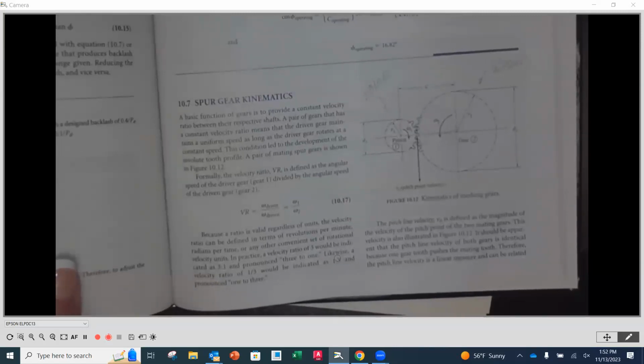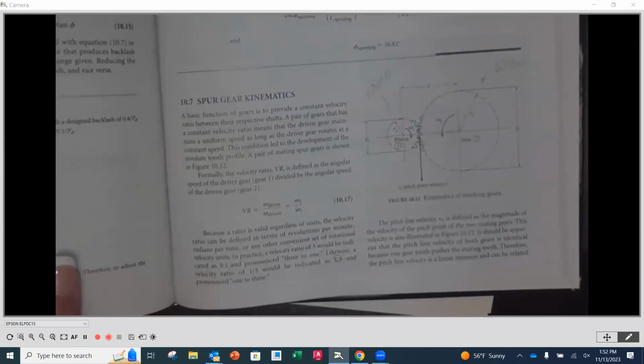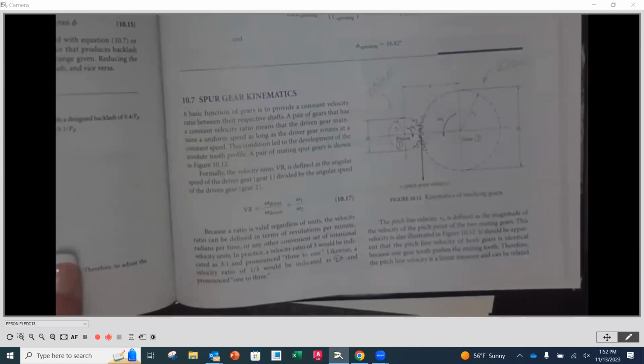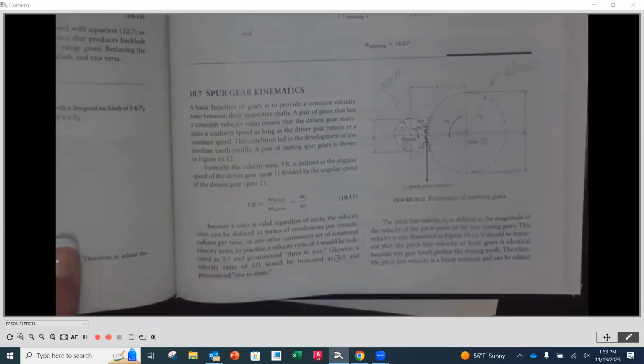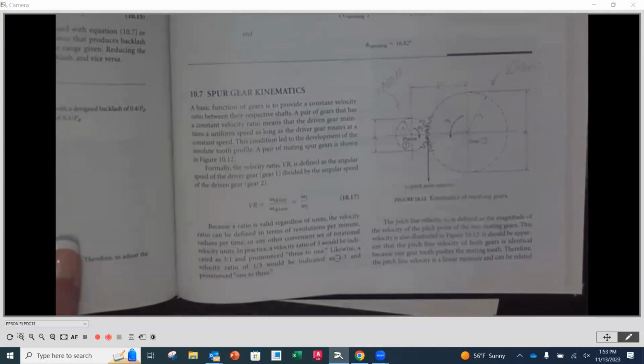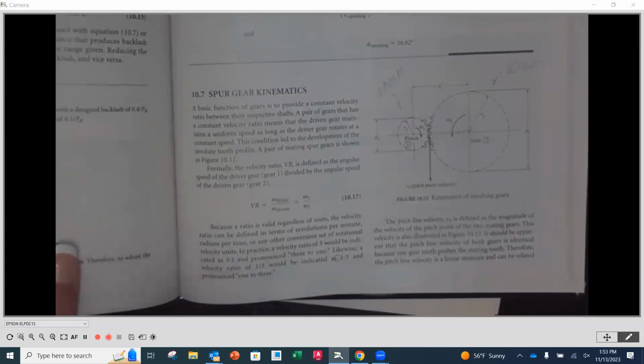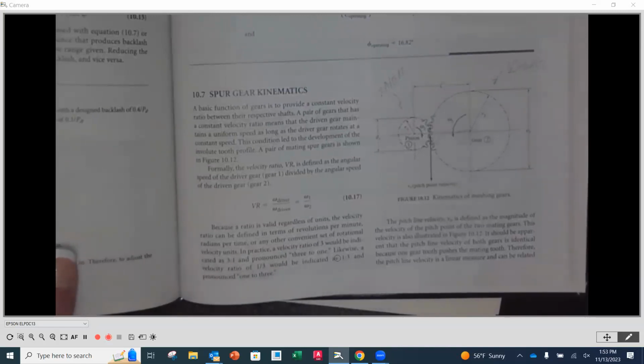Why? You said it, yeah. And I know, Mitchell, you were getting there. You can't have half a tooth or 0.2 of a tooth. You have to have an integer number, meaning a whole number of teeth.